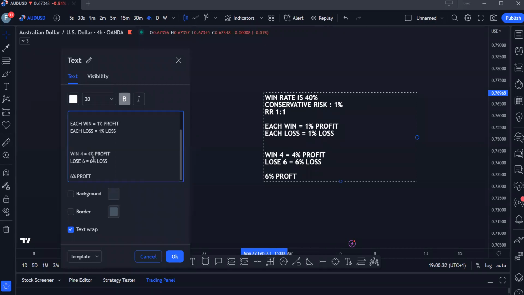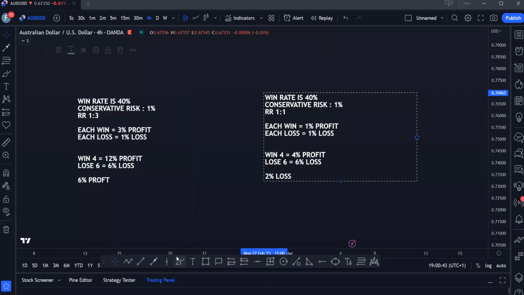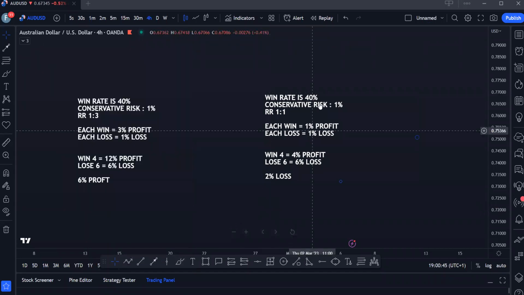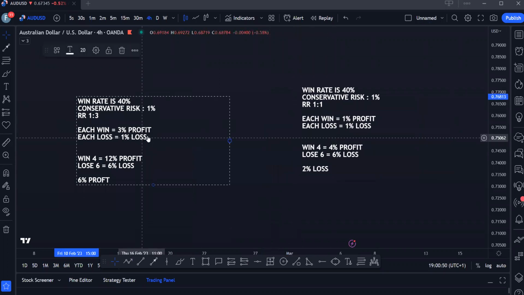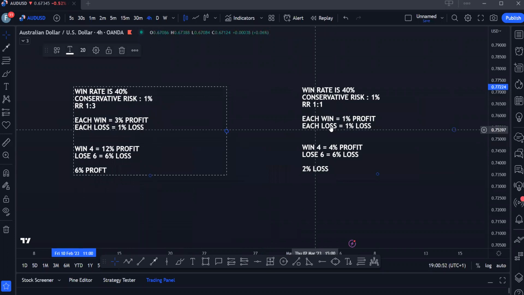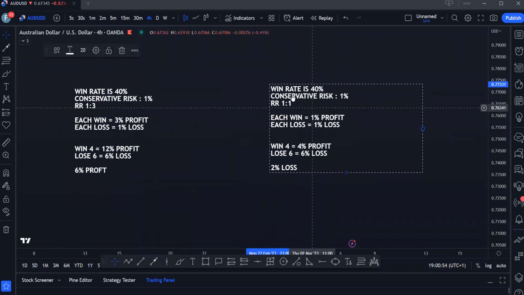If you lose 6 trades, you have 6% loss. So at the end of the day, you'll be in a loss of 2%. That's why you lose trades or blow accounts, because you don't have a solid risk to reward.